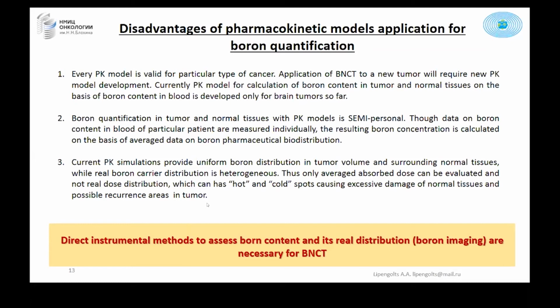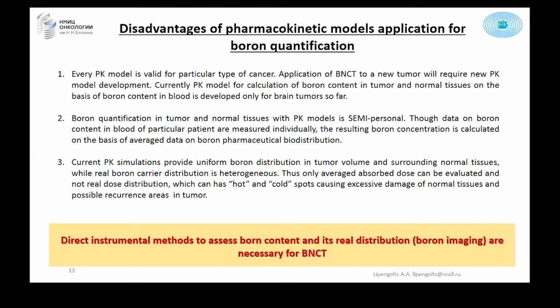And additionally, current pharmacokinetic models provide only uniform boron distribution. And that is, in fact, not true, because the distribution of the boron pharmaceutical can be heterogeneous. And thus we are not evaluating possible hot and cold spots in tumor tissues and normal tissues.